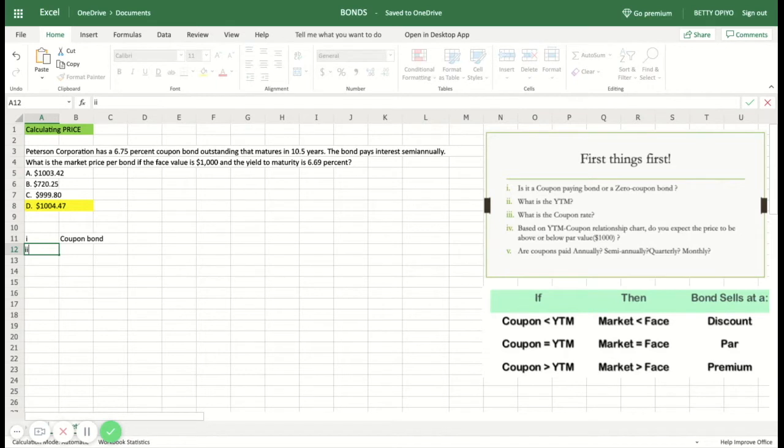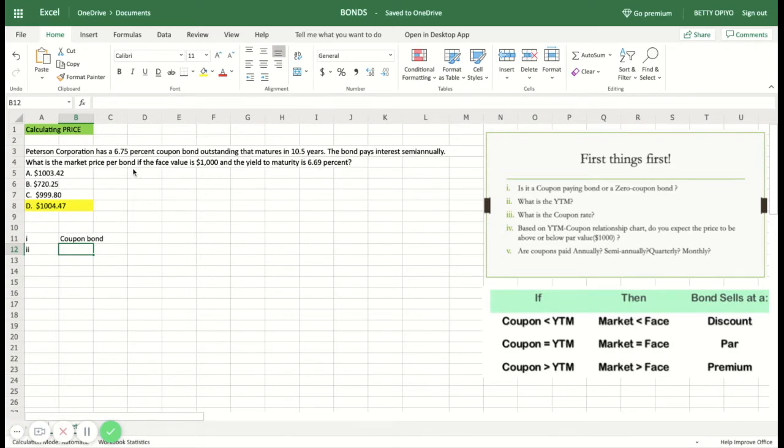The second question that we need to answer is, what is the YTM of this bond? So YTM is the yield to maturity, or the discount rate that we'll be using in pricing bonds. Okay, so what is our YTM here? It says a 6.75% coupon bond, so this is the coupon rate. Just make sure that you don't confuse the coupon rate and the YTM.